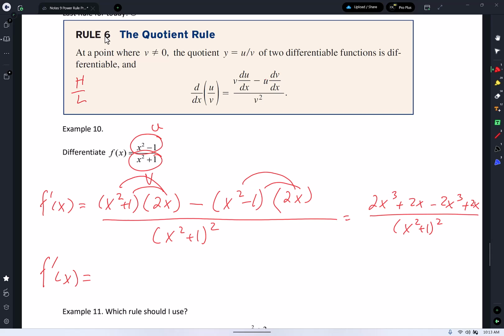I distributed the negative, in case you're wondering. Minus 2x cubed plus 2x. I distributed this negative. Don't forget about that negative.